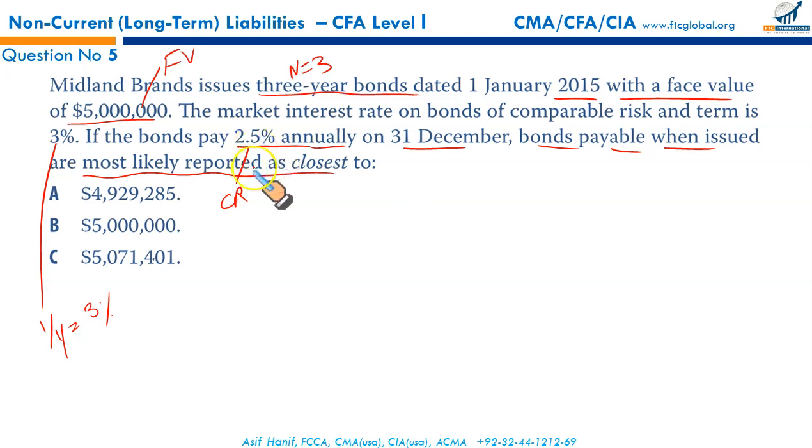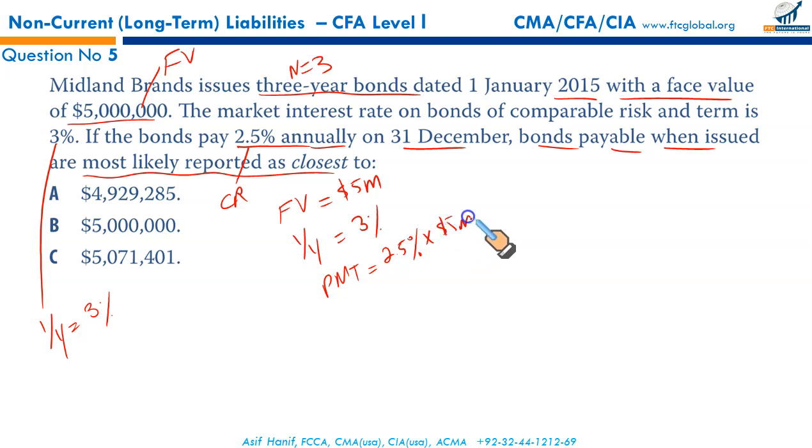Since your coupon rate is less than the market rate, it will sell at a discount. How will we calculate? FV is 5 million. Interest rate per period 3%. PMT, the payment of interest, I said is calculated based upon your coupon. 2.5% of 5 million gives you $125,000 per year.